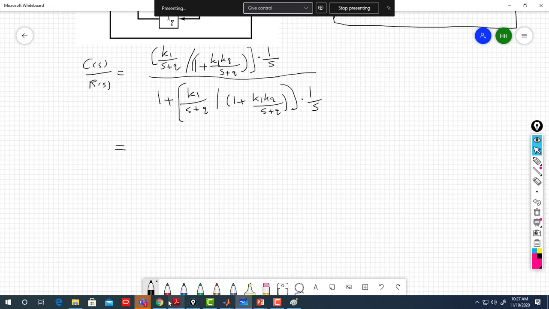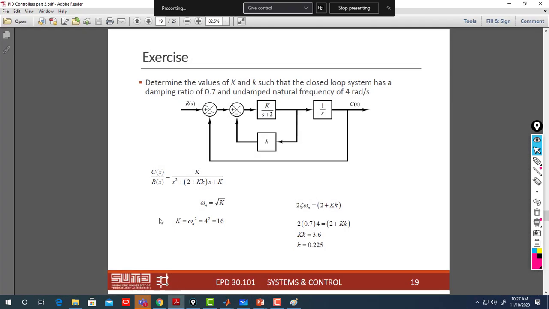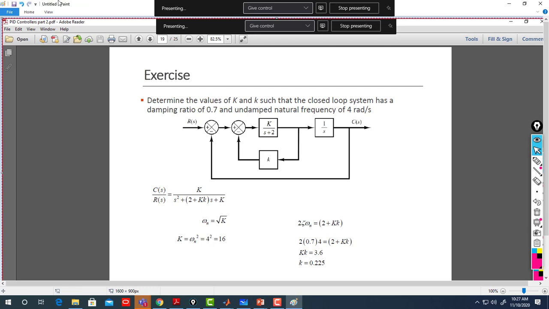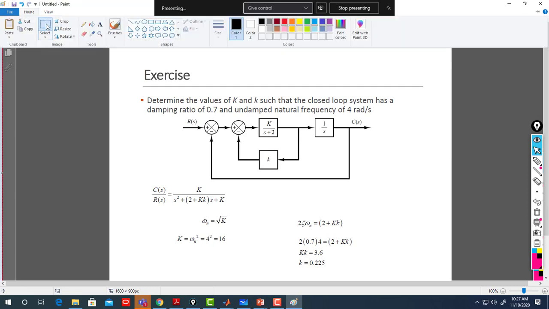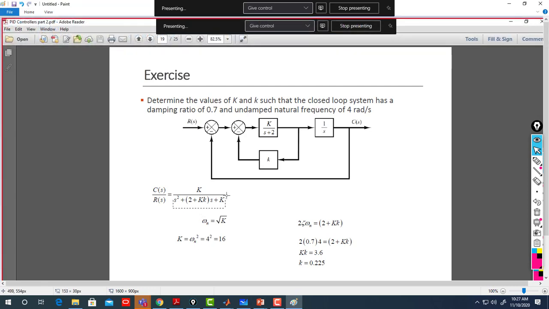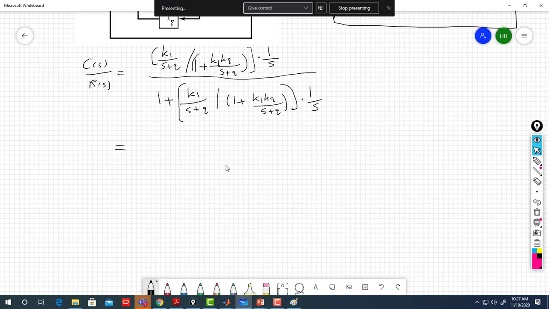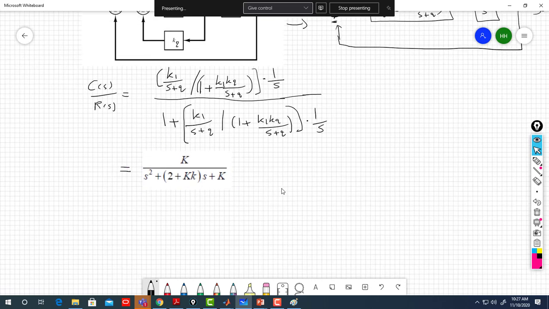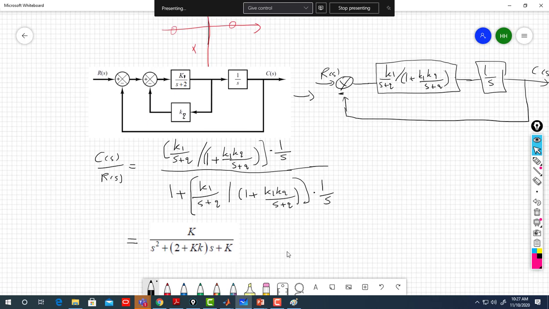Then you do the derivation and check it at home if it's correct or not. You get this transfer function, which I'll be taking from here. Let me just replace the big K by K1.